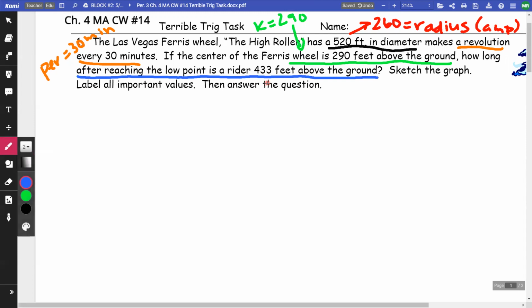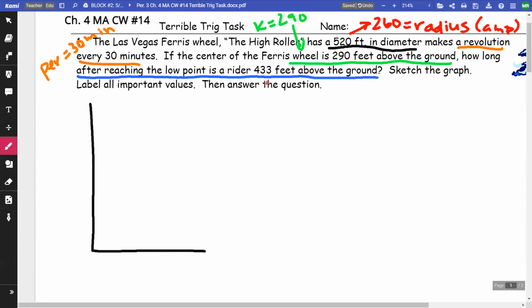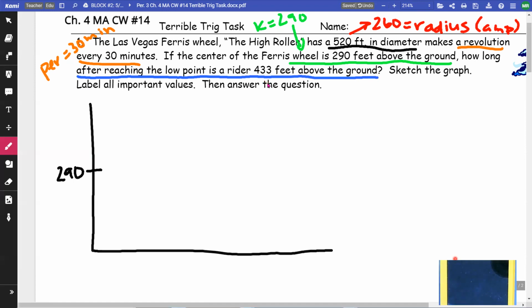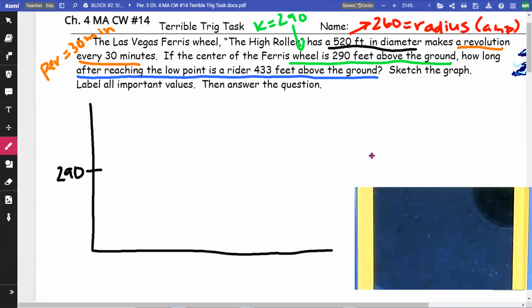So for this, I'm going to draw my picture. I know that the center of my Ferris wheel is 290. I know that the diameter is 520, so that means the radius is 260.